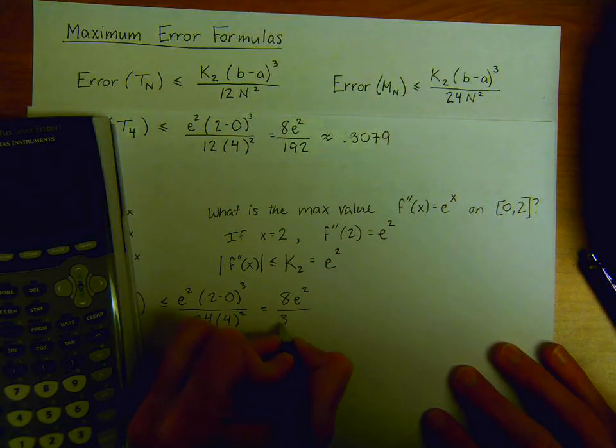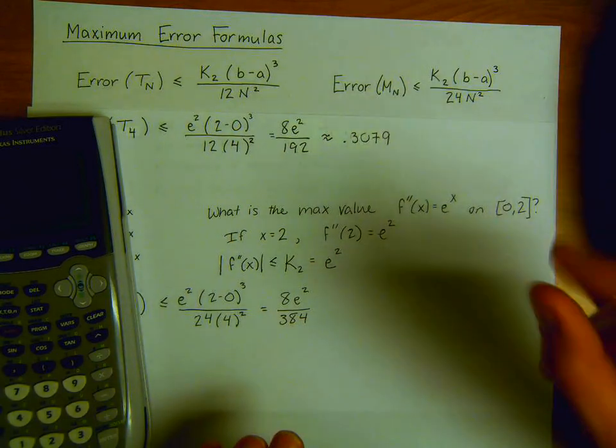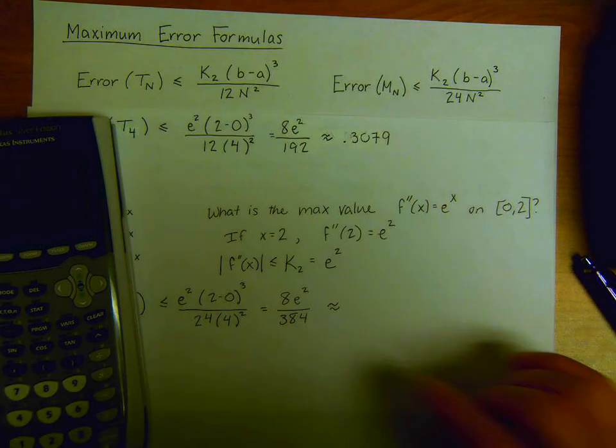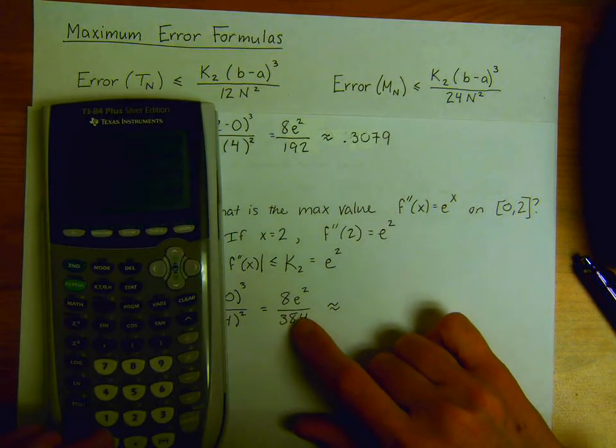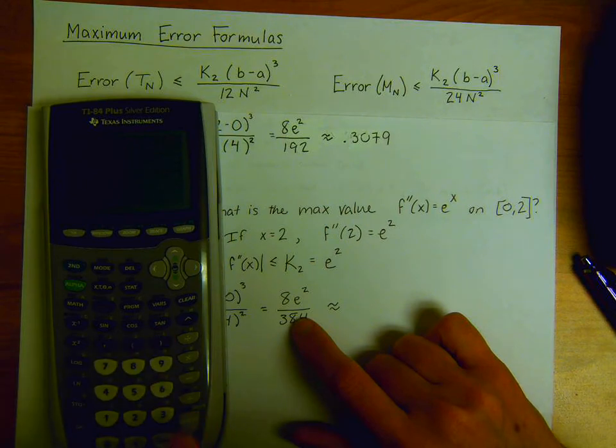That tells you that the error bound for the midpoint rule is always going to be less than for the trapezoid rule. By numerical approximation, we have 8 times e squared divided by 384.